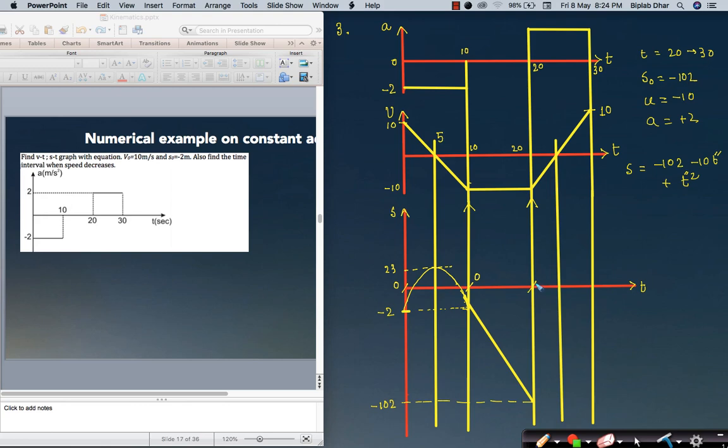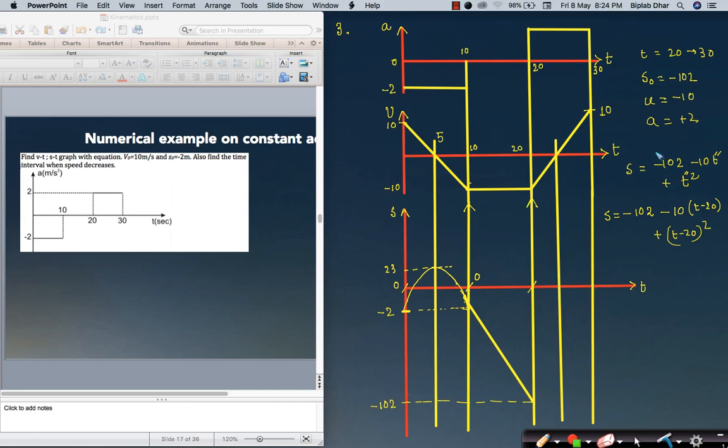Because what is 20 in the original time frame is 0 in this time frame actually. So what is s? Equal to minus 102 minus 10 into (t minus 20) plus (t minus 20) whole square. So that should be the actual equation of motion for the third part.